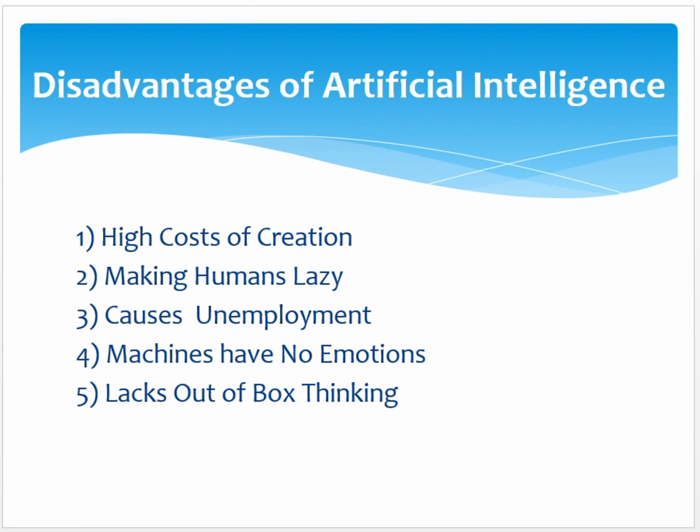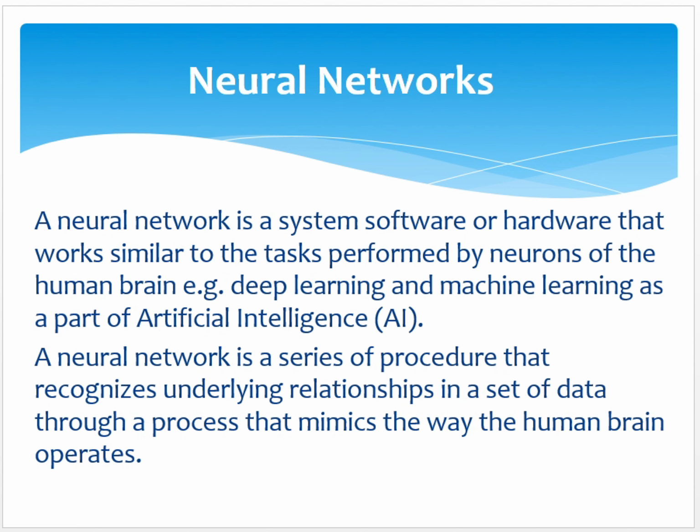Then we have some terms we shall look at here in this AI section. One is neural networks. Neural networks is software, or also hardware, that works similar to the tasks performed by neurons of the brain of a person. Like deep learning and machine learning, it is part of AI.